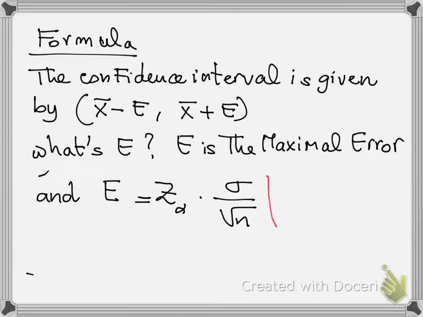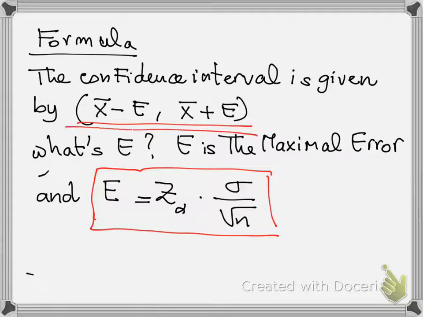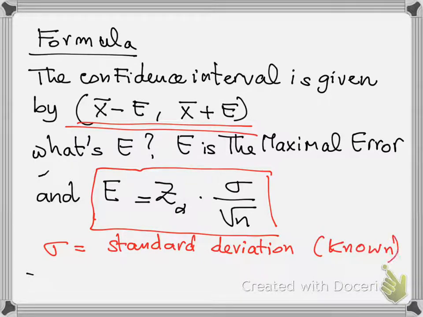So here's my confidence interval: x bar minus E, x bar plus E, and capital E, the maximal marginal error, is equal to this z alpha, I'm gonna explain what z alpha is, times sigma over square root of n. Sigma is the standard deviation, it's known, right? And n is the size of the sample.